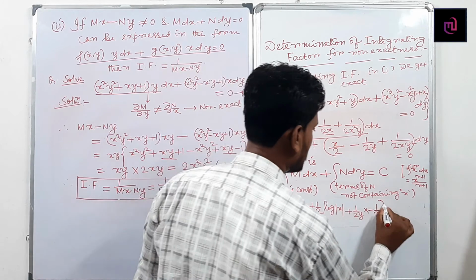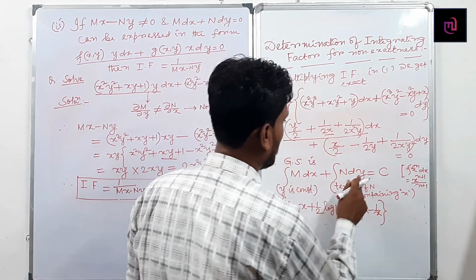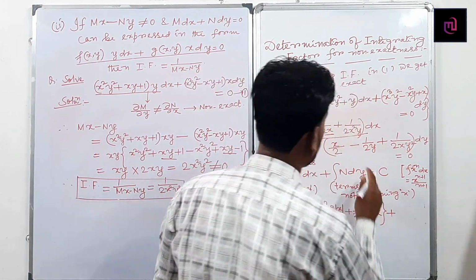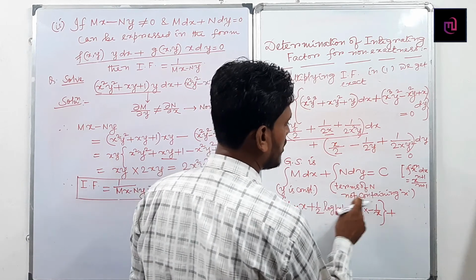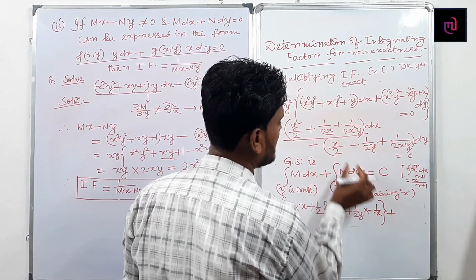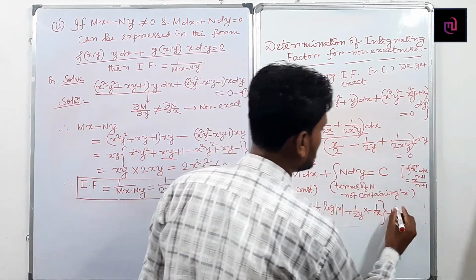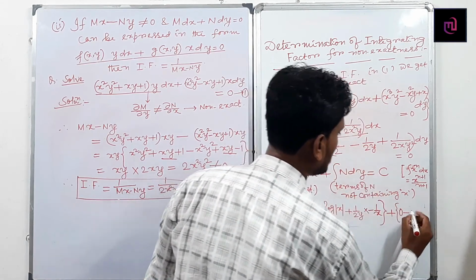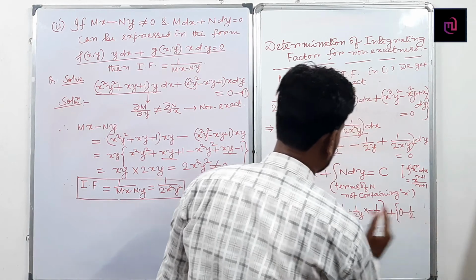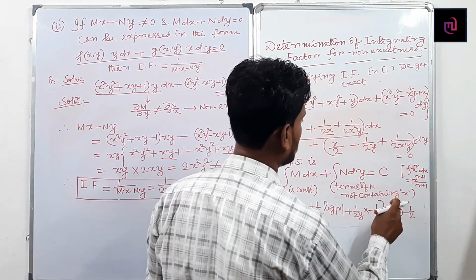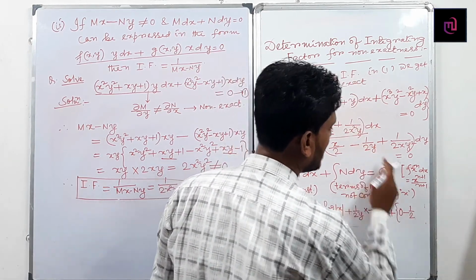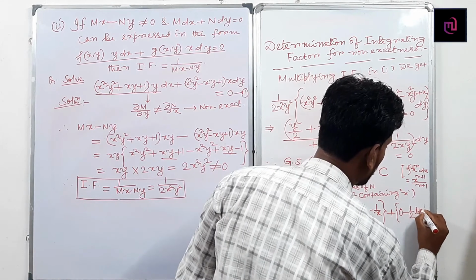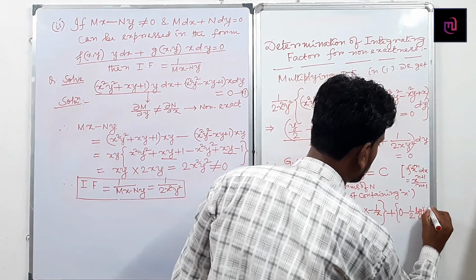So this part is the M dx, and for N dy we take terms not containing x. If a term contains x, then its integration is not considered, so we write 0 minus, this part becomes 1 by 2, integration of dy by y, so it becomes log of mod y.